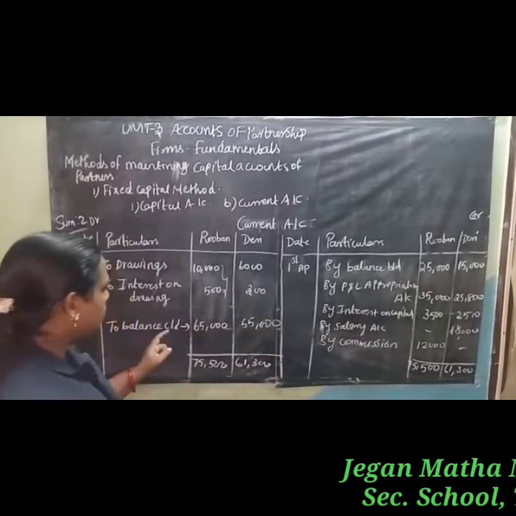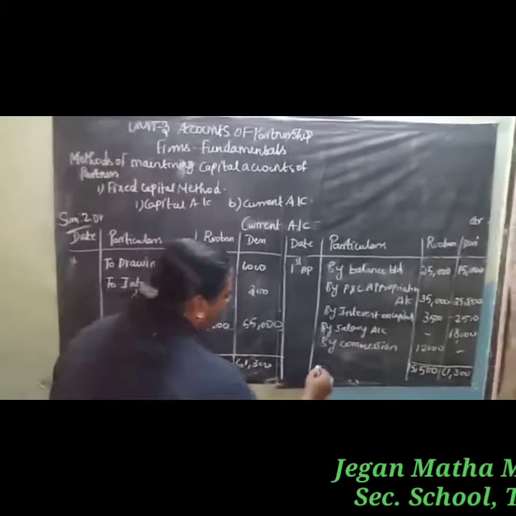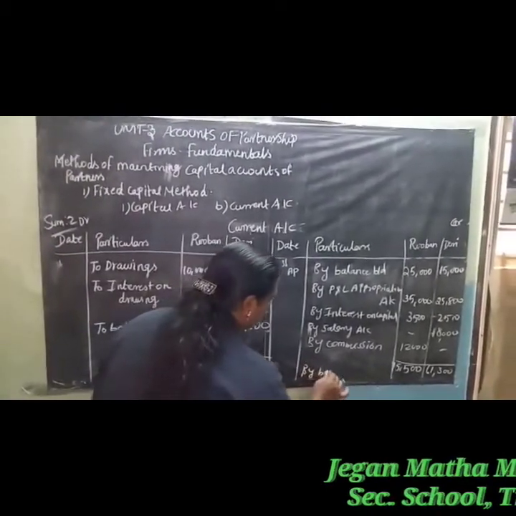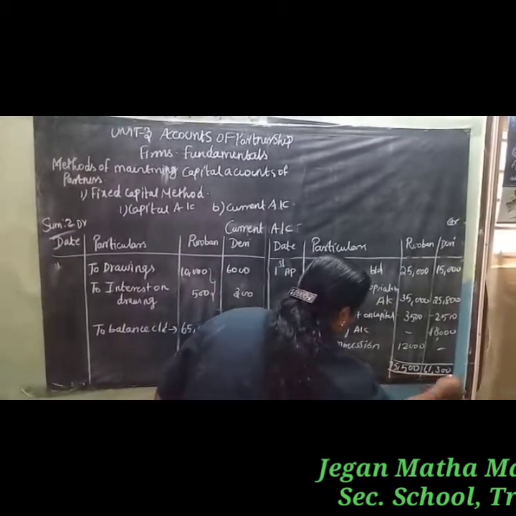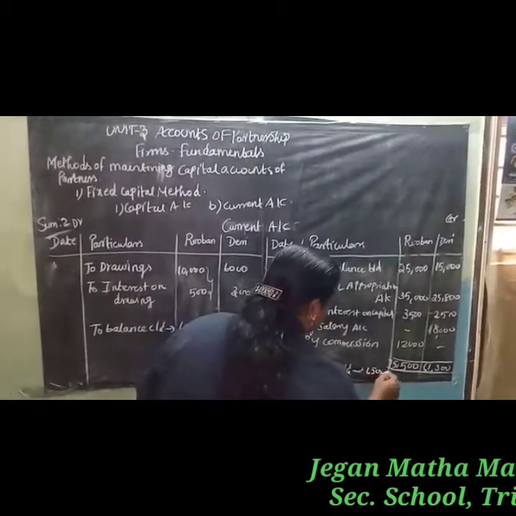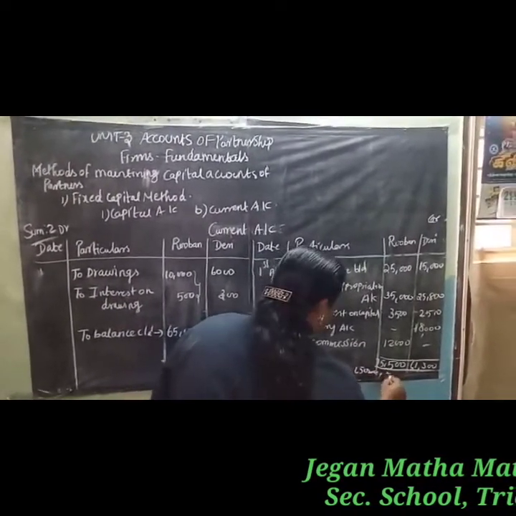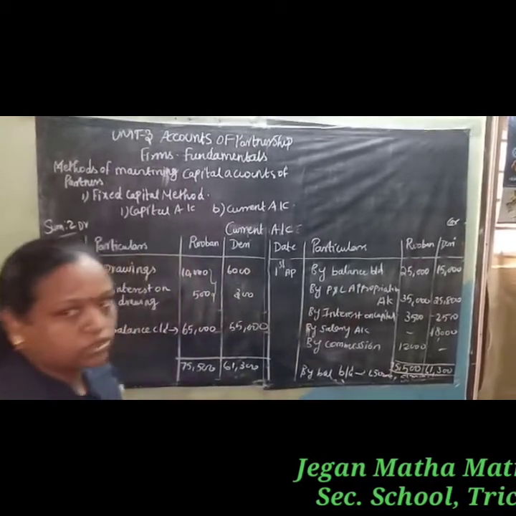So to balance c/d 65,000 and 55,000, and by balance brought down 65,000 and 55,000.